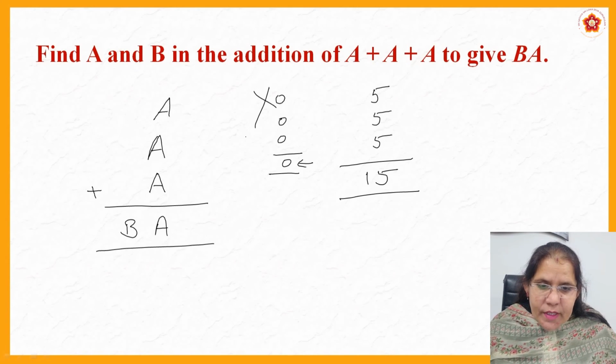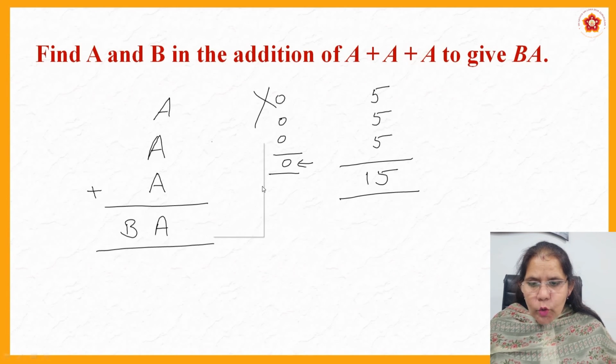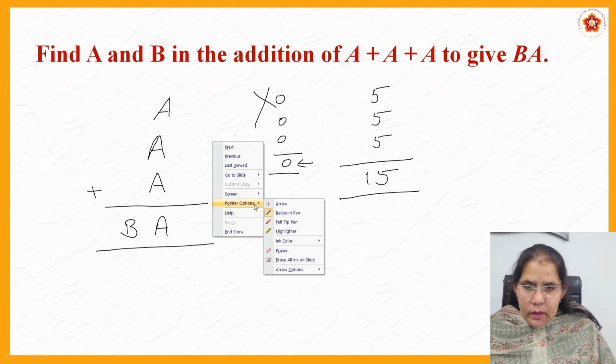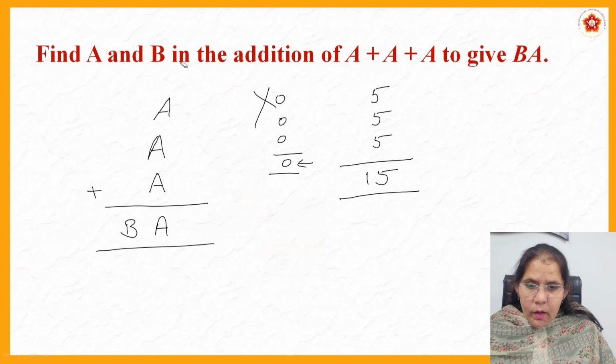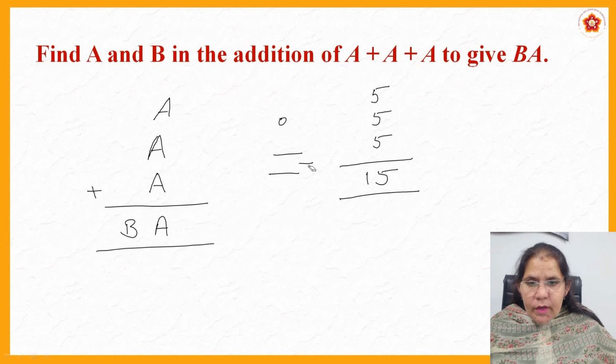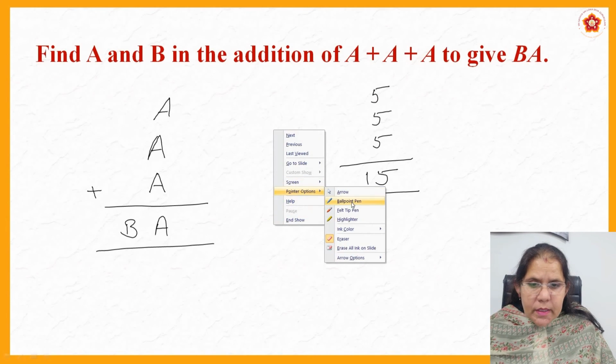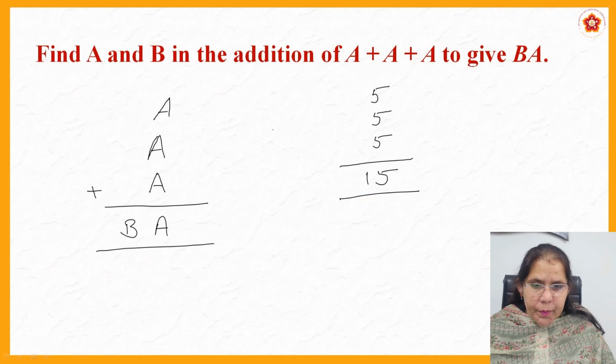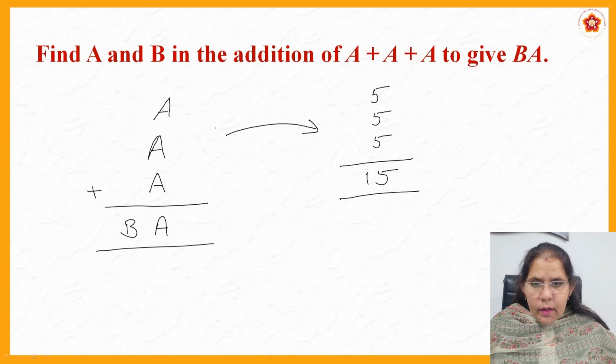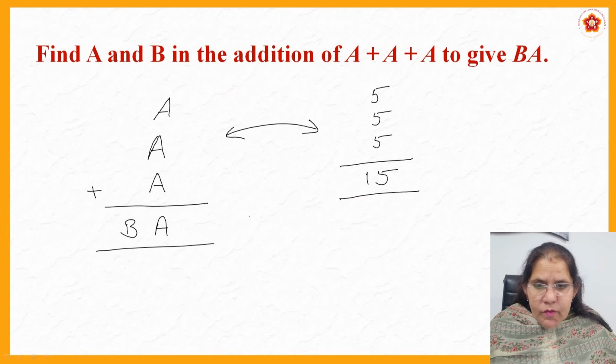We get 15. Can you correlate this with the given question? Do you think A plus A plus A gives BA and 5 plus 5 plus 5 gives 15?